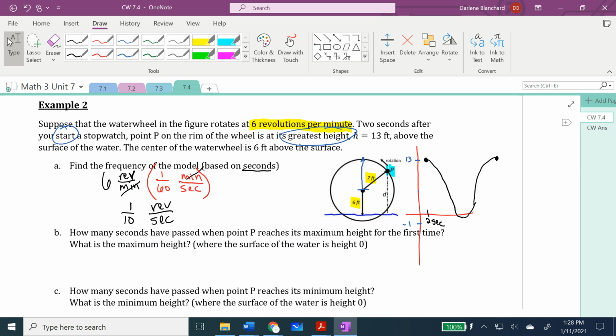So if the frequency is the number of cycles per unit of time, you want to realize that every revolution of this wheel is 1 cycle. So the frequency is actually the number 1/10 if I want the frequency to be based on seconds.